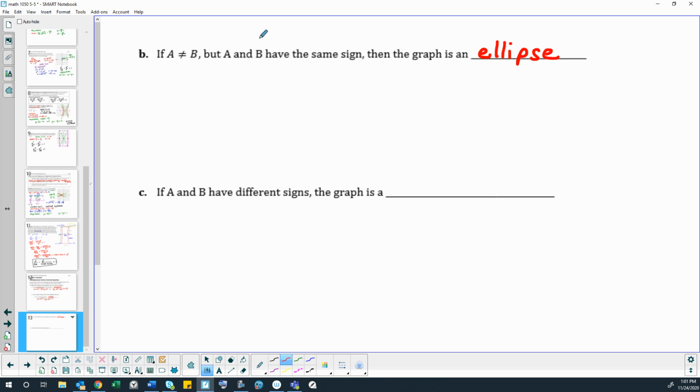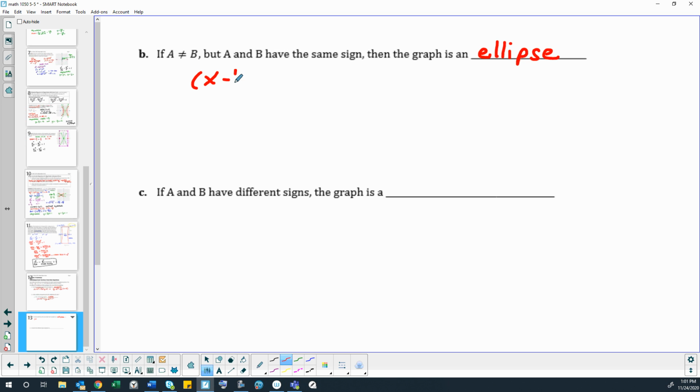And the thing that makes it different from a circle is that those coefficients, ax squared and by squared, are different. And that means when we divide everything by the number to get the 1 on the right side, we get different numbers dividing each fraction to identify our a and b values, which are different than just the same number being the radius.